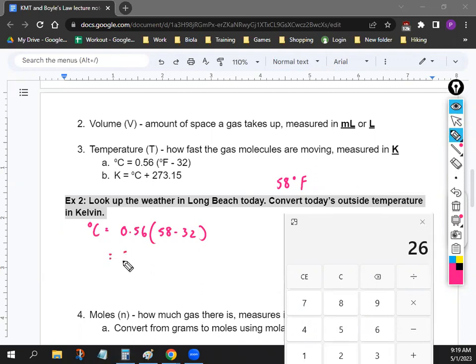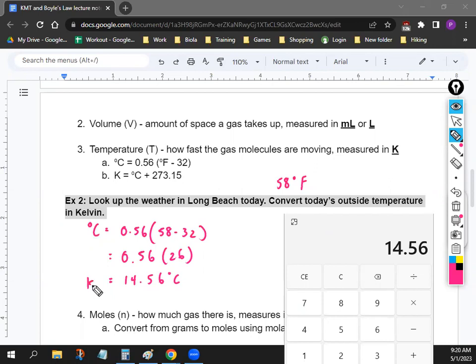The last step is 0.56 times 26. So your Celsius is going to be 14.56. Right now it is 14.56 degrees Celsius outside.